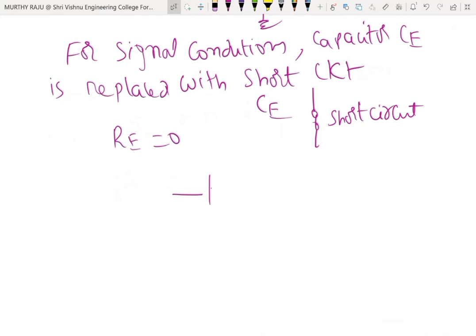The emitter terminal is directly connected to ground. This is the base, emitter, collector.